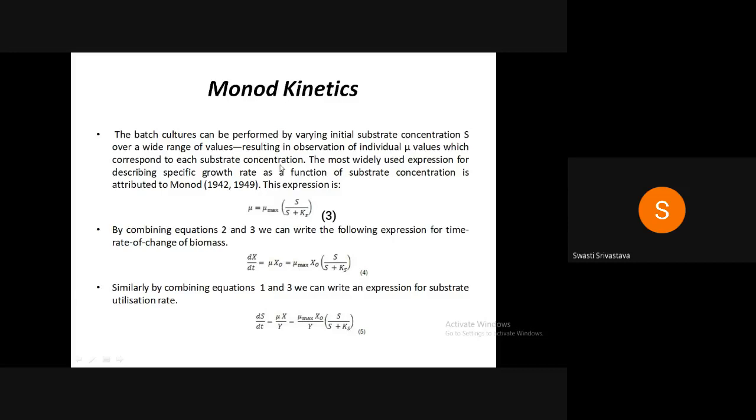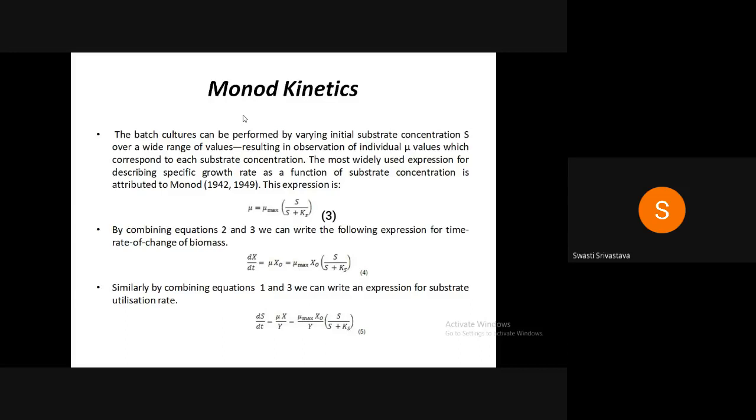Now, Monod kinetics tells you mostly about the limiting growth factors, that is, which substrate concentration will be limiting for the growth of the microbes.